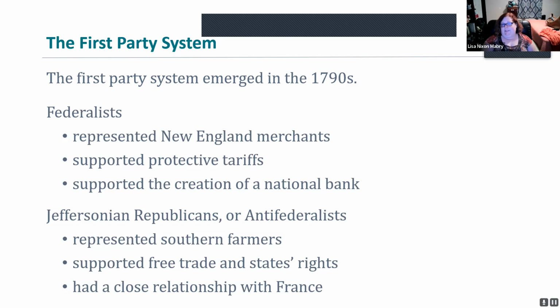The Anti-Federalists, that group of people, became what was known as the Jeffersonian Republicans. They were in support of Southern farmers. So as you can see, North versus South, we've already got that division. They wanted free trade and states' rights, right? Because they wanted small government, not larger government. And they wanted a closer relationship with France; they wanted to pull away from Britain more.